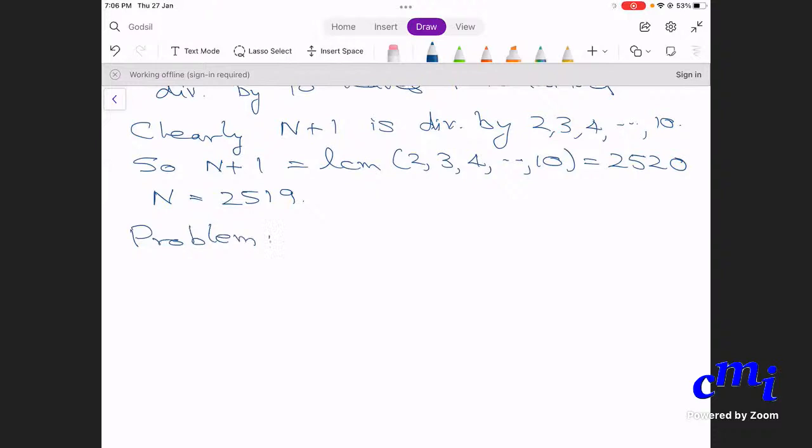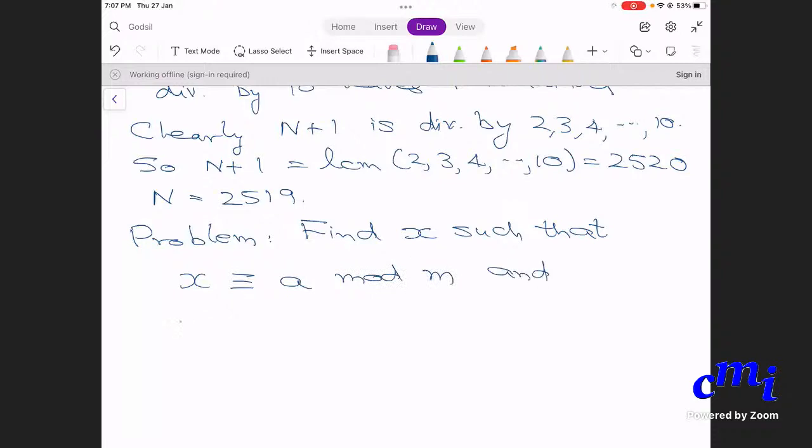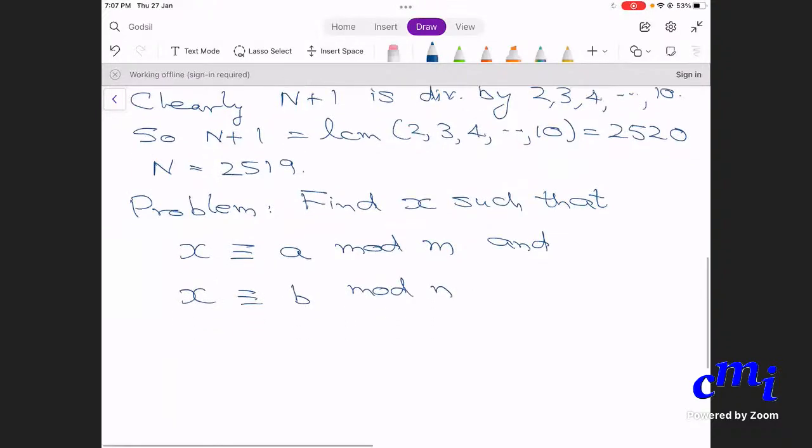Find x such that x is congruent to a mod m and x is congruent to b mod n.